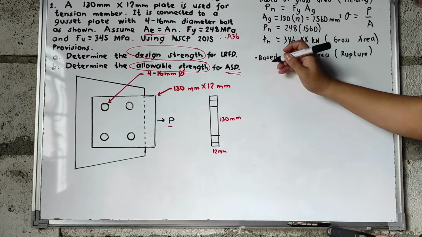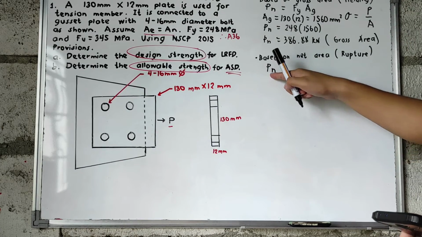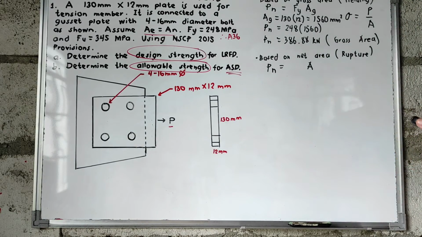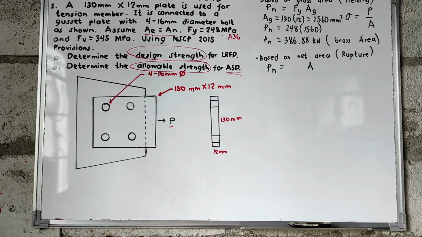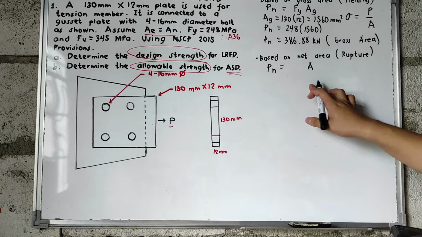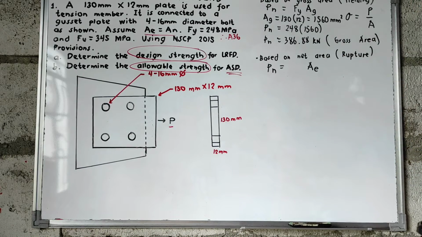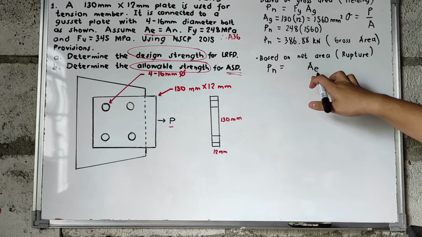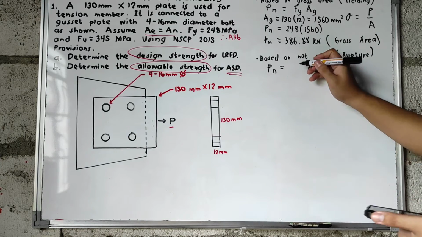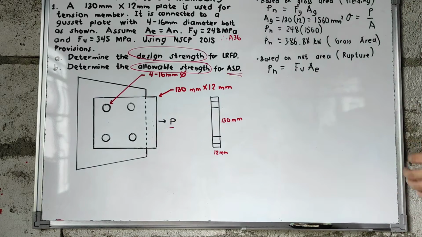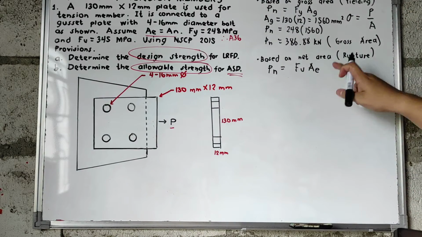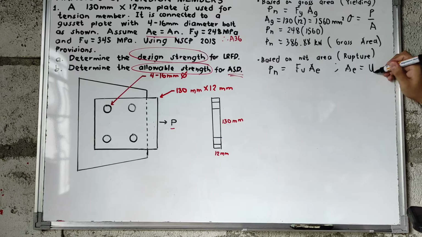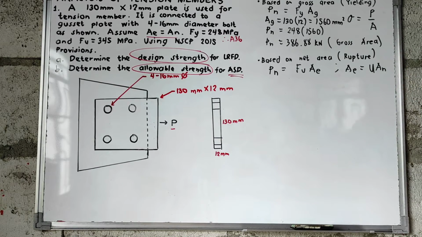The nominal, designated by the subscript n, is equal to the effective area, and the stress we multiply by the area is the value called Fu. Before you can get the value of Ae, it is always equal to the reduction factor multiplied by the net area.